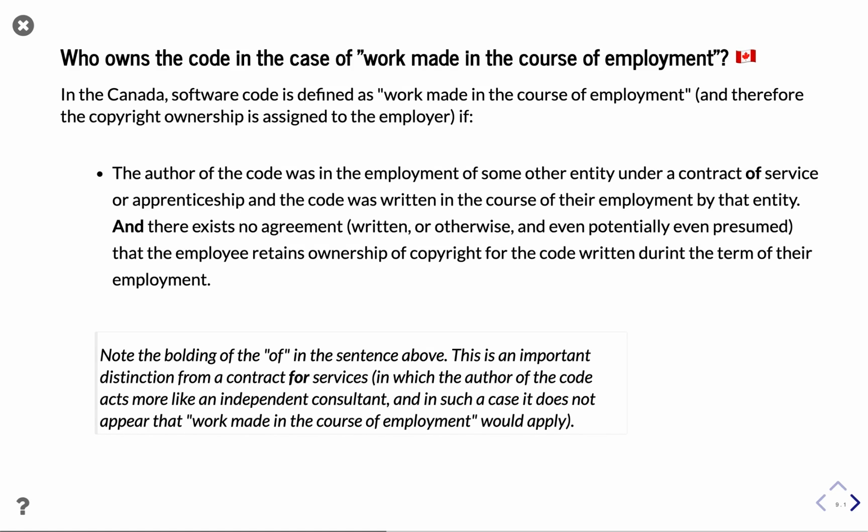In contrast, a contract for services is more like when you are working as an independent consultant and you're doing services for your client. In these sorts of cases in Canada, it's not automatically assumed that the copyright goes to the client. Typically in these cases, there would be some sort of written agreement that clearly states who owns the copyright at the end of this project.